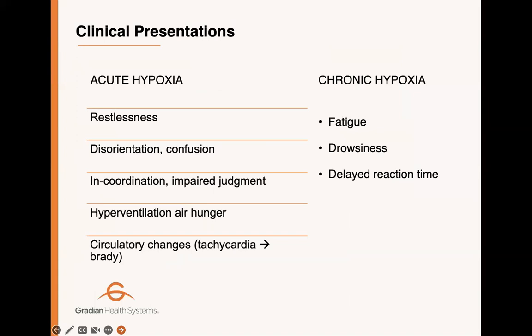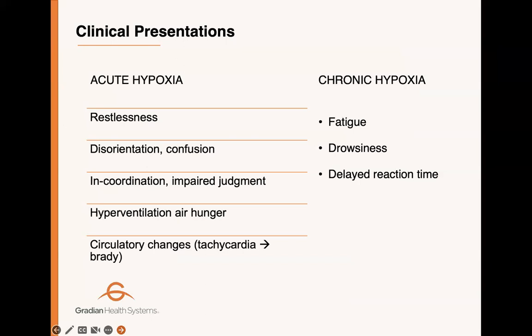In presentation, the patient in acute hypoxia will present with restlessness, disorientation, confusion, incoordination with impaired judgment, and air hunger, as in the diagram you saw in the previous slide, with circulatory changes as compensation.